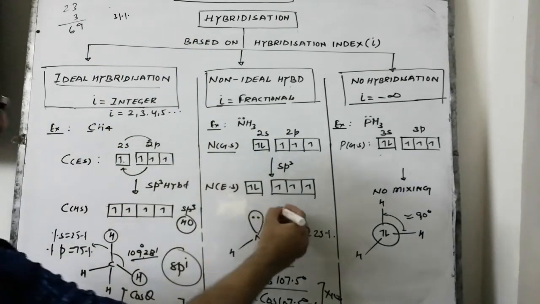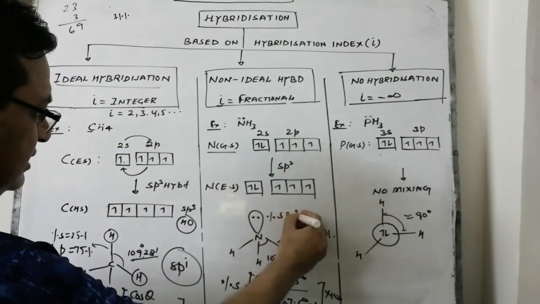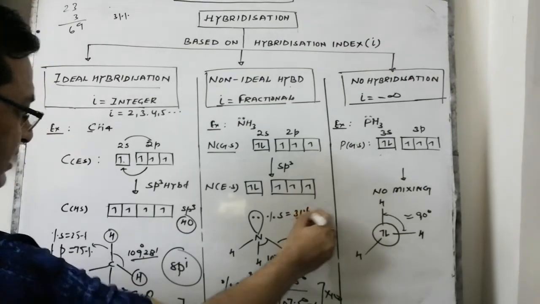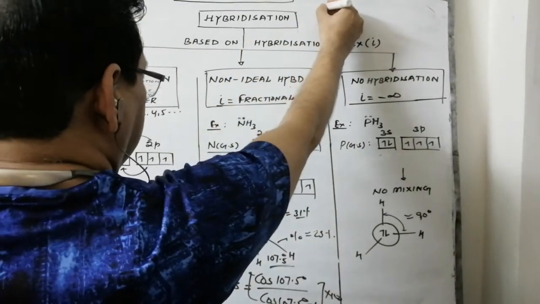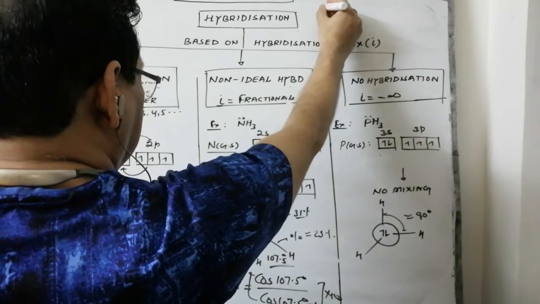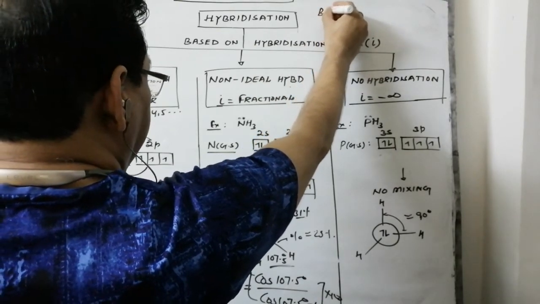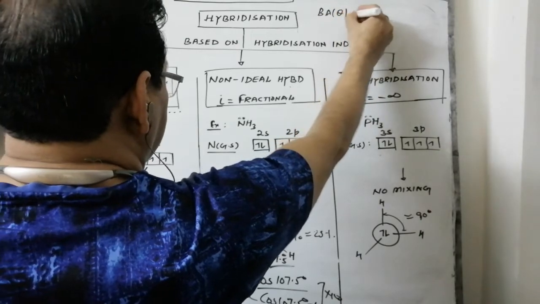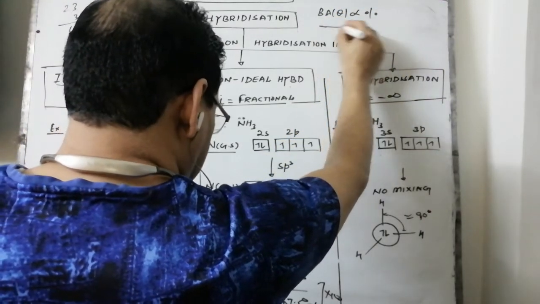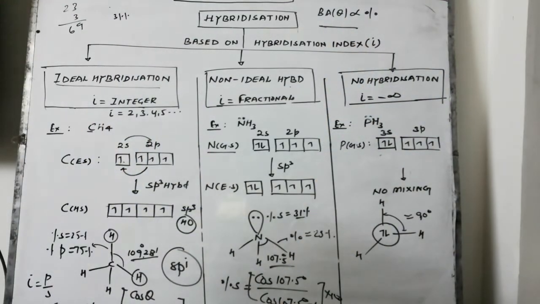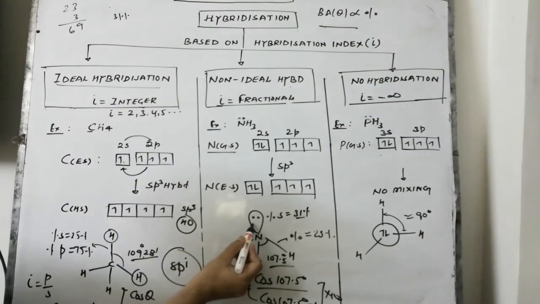It means to say the percentage s character here is somewhere around 31%, and we know very well that the percentage s character is directly related to the bond angle theta. But exactly this is not a bond as such, because the lone pair doesn't form a bond here.